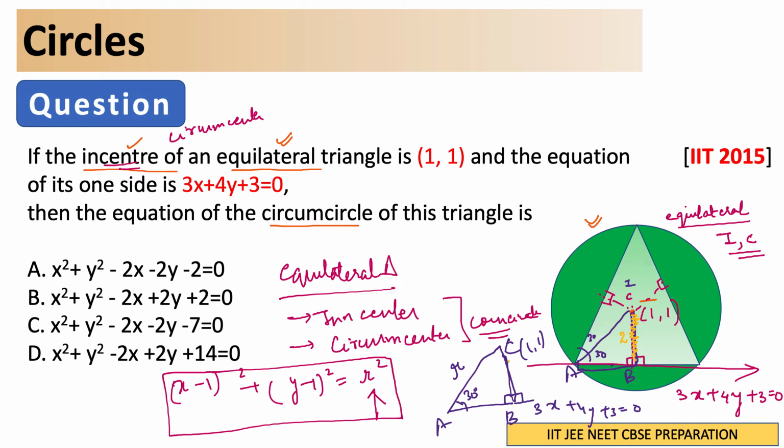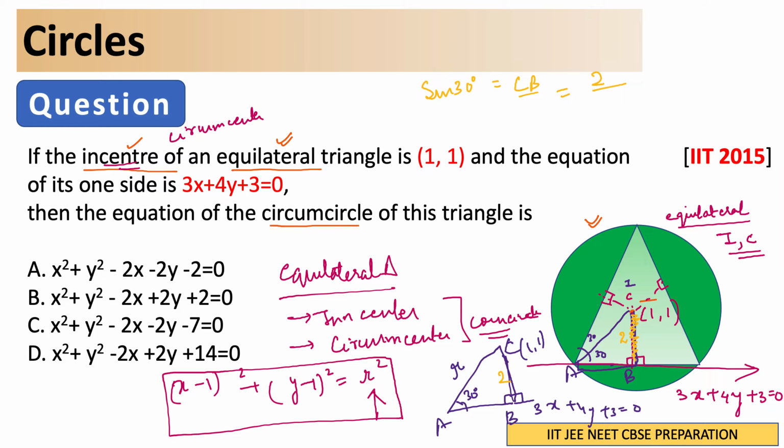And so if this is 2, and this angle is 30 degrees, can I write that sine of 30 degrees is equal to CB upon BA? Not CB upon BA, it's CB upon CA, just correct this.